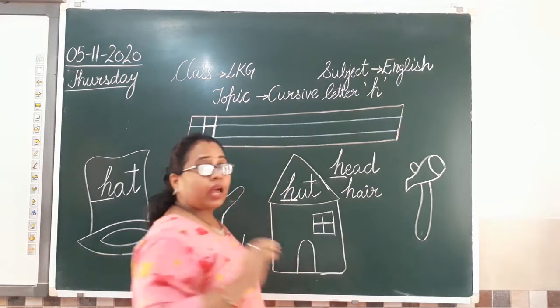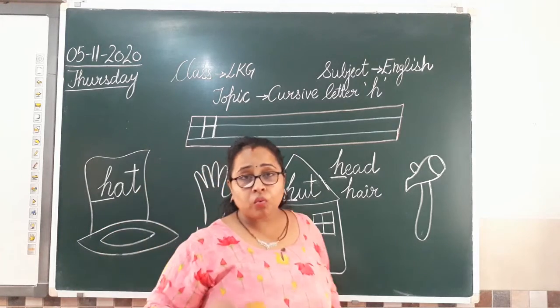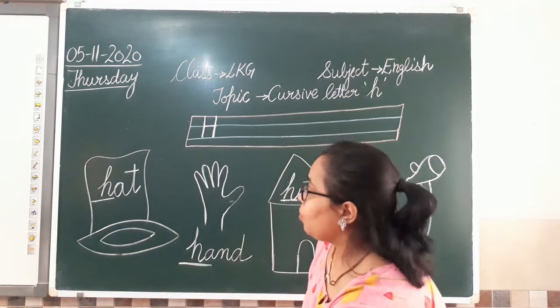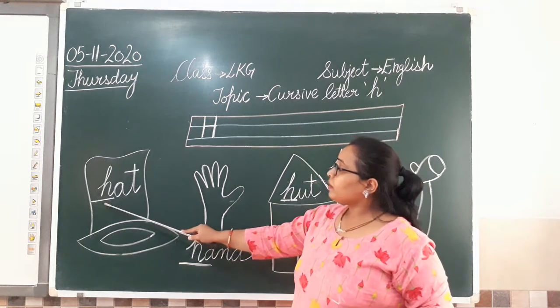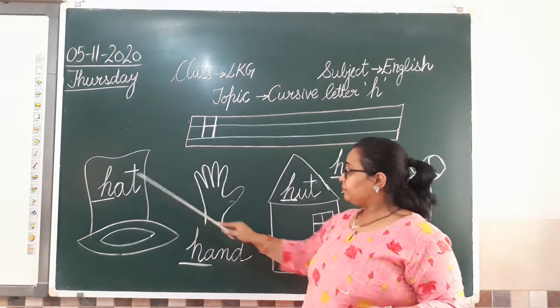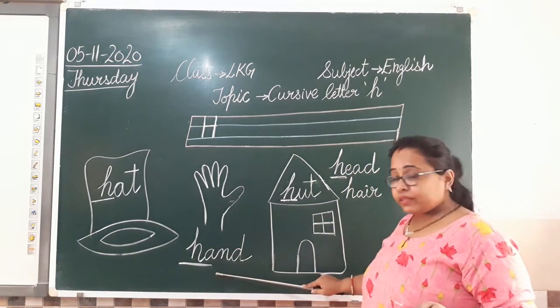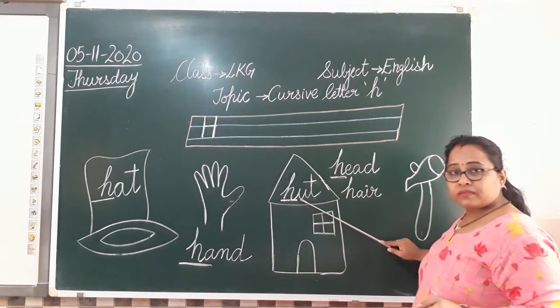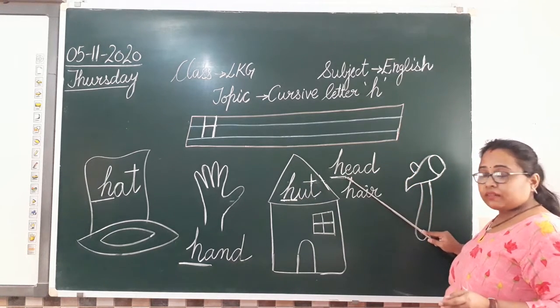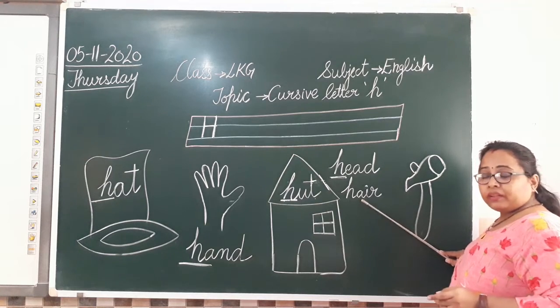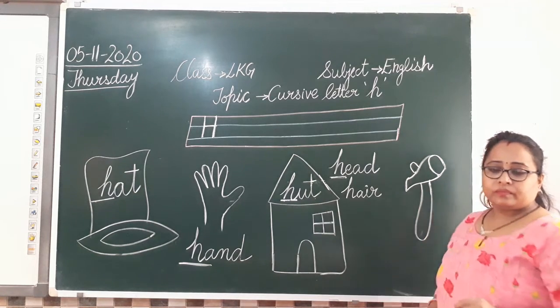Okay. Now we are going to revise all the words once again. So what we have here is hat, hand, heart, head, hair. Now what is this?